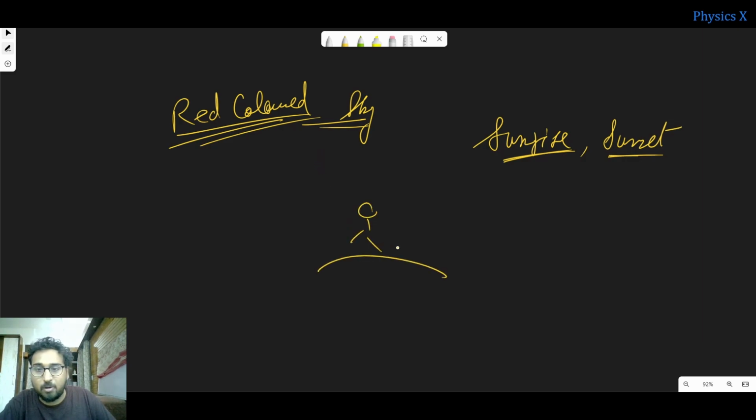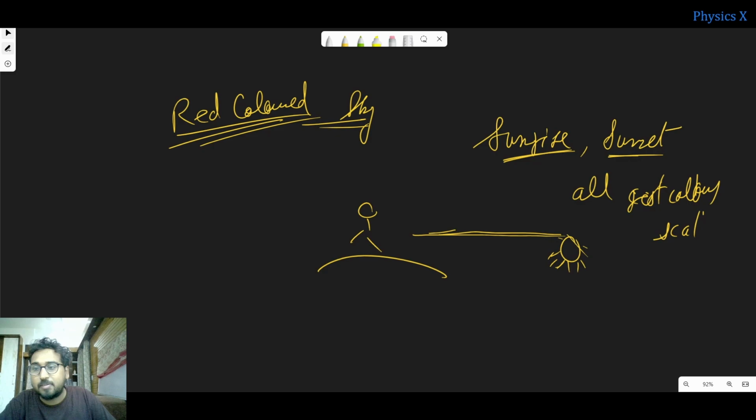Suppose the sun is here. Most of the light reaching the earth in the presence of the atmosphere, all the rest of the colors scatter away, because at this point the sun is very far away.